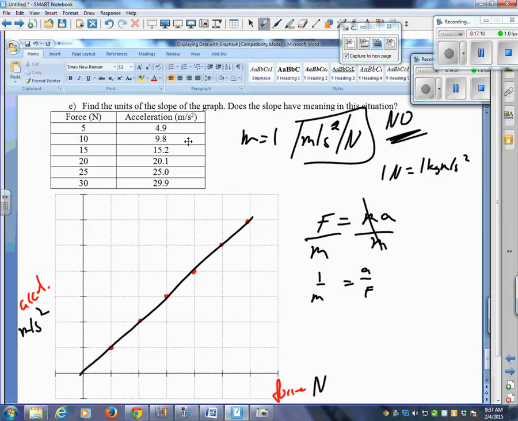If I had it the other way around, if I graphed acceleration down here and the force here, well then I would have newtons per meter per second squared, and then you'd have kilogram meters per second squared all over meters per second squared, and all that would cancel, and your unit would be kilograms, and it would be the mass of the object.